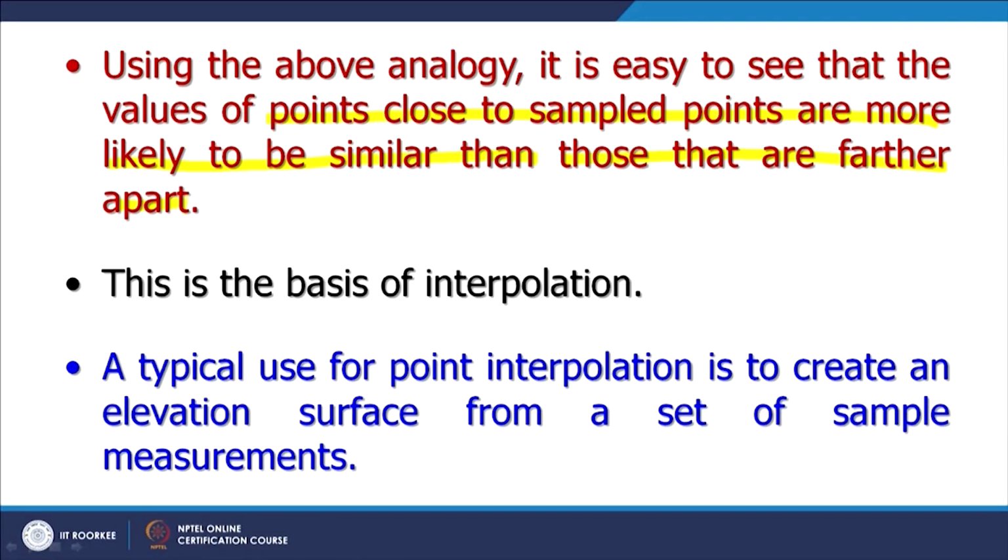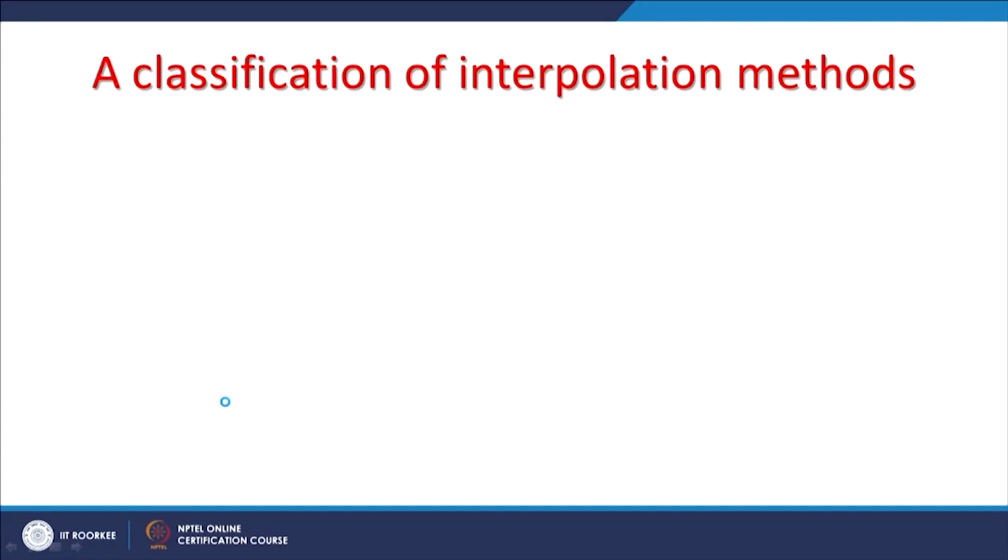And as you know, the typical use of point interpolation is to create an elevation surface, or instead of elevation, any surface basically, from a set of sample measurements. Now, different types of interpolation techniques exist. Since these come from the mathematical domain, mathematicians have developed a variety of interpolation techniques.